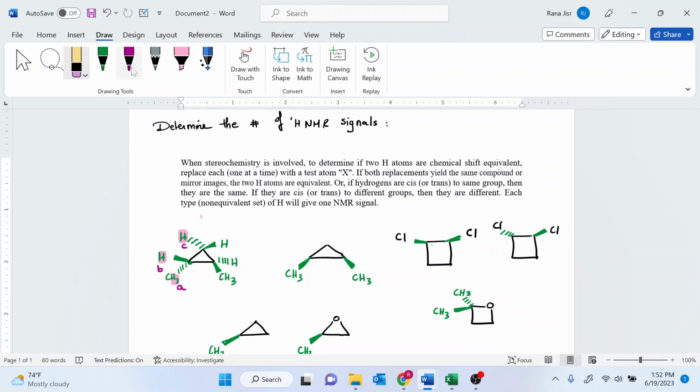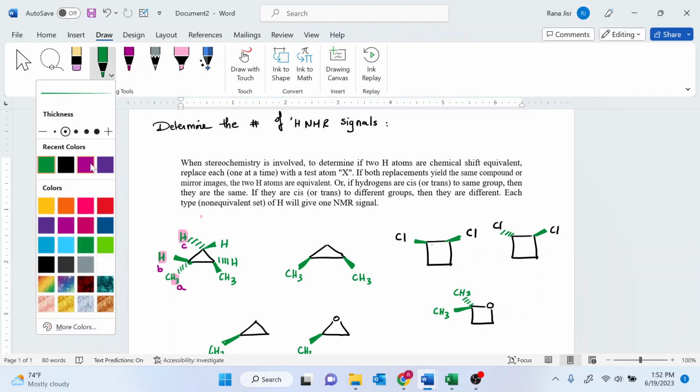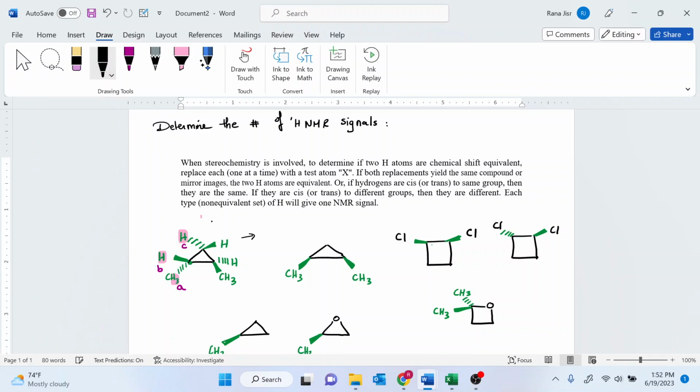For example, I can replace each one of them by a chlorine. So you take that same structure over here. This is going to be the CH3, and this is going to be the CH3 over here. And we're going to replace the first hydrogen by a chlorine and the second hydrogen by a chlorine, and we're going to see if we have the same compound.